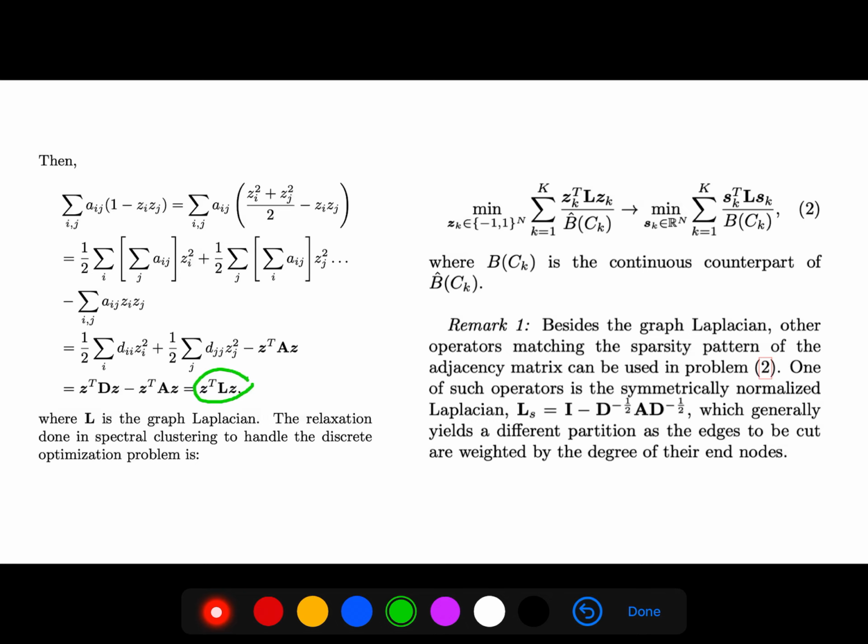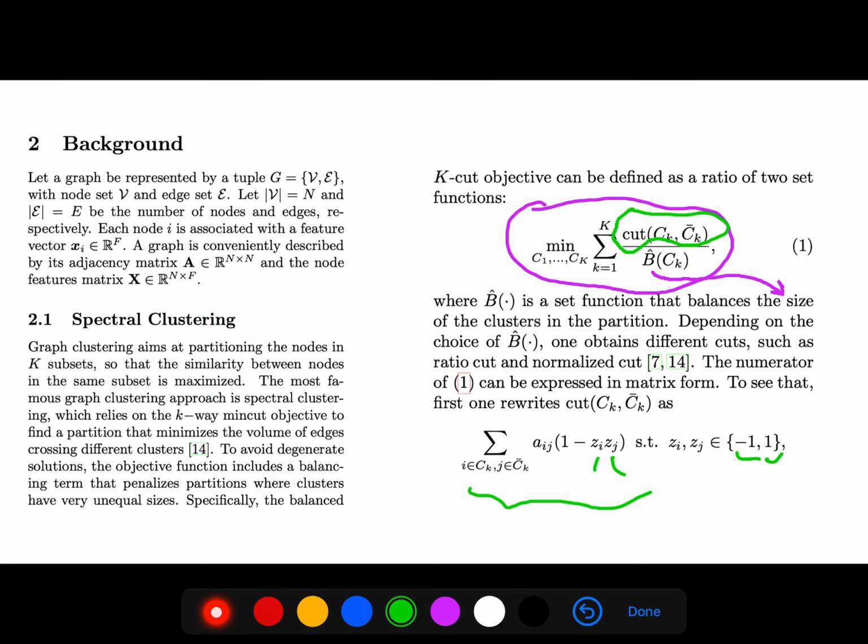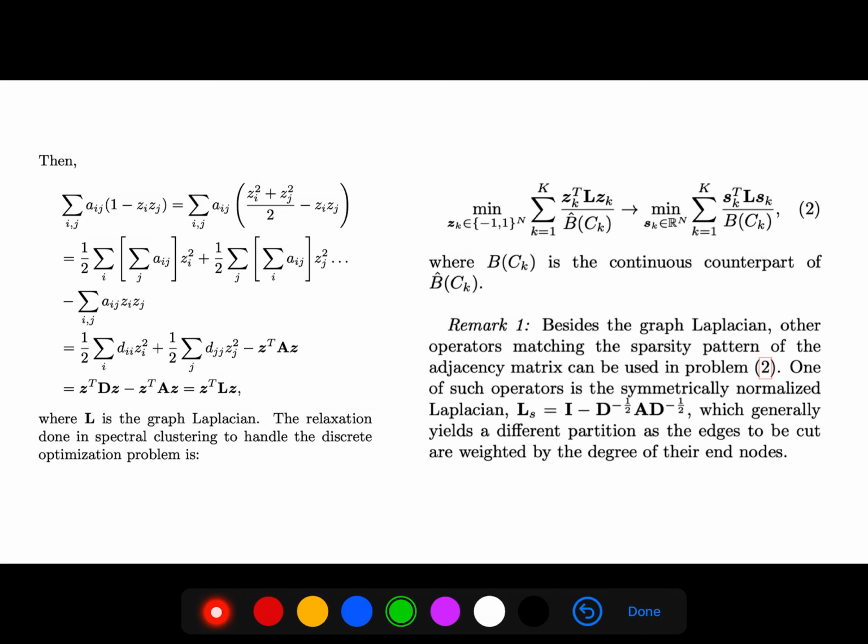The relaxation done in spectral clustering to handle the discrete optimization problem is this one. Besides the graph Laplacian, other operators matching the sparsity pattern of adjacency matrix can be used. One of such operators is the symmetrically normalized Laplacian. We generally use a different partition as the edges to be cut are weighted by the degree of their end nodes.